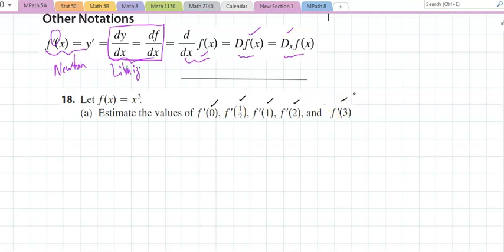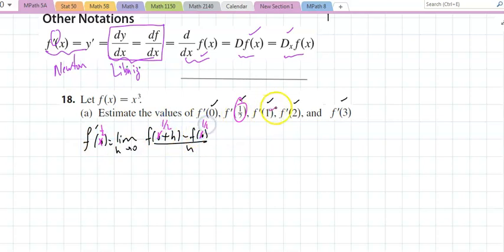Well, we have a couple of options. We could actually do the work. We could say f prime of 0 is the limit as h approaches 0 of f of 0 plus h minus f of 0 over h. And we could do it for a half, and for 1, but that's a lot of work. Instead, here's an idea.